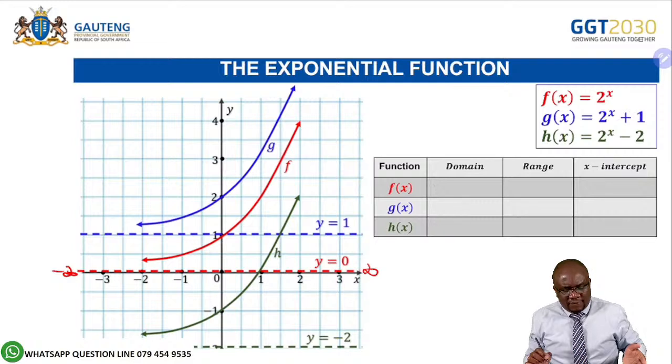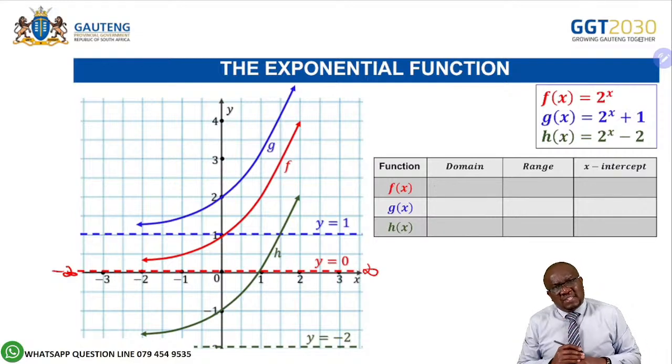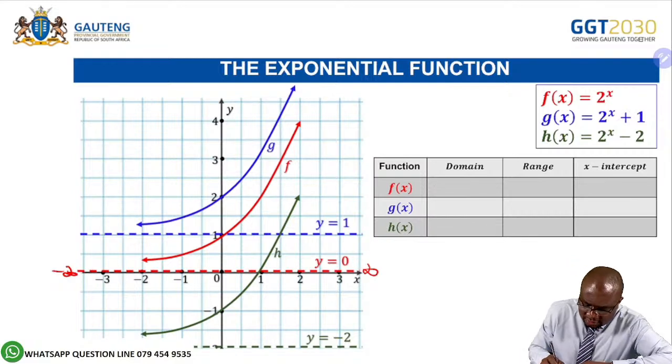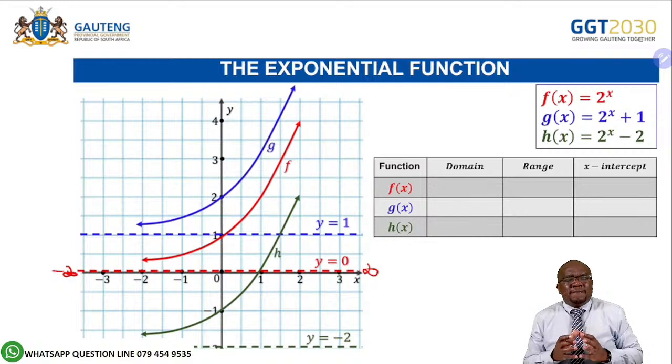But is the range going to be the same here? The blue graph went up from red to blue, shifted upwards, and from red to green, it shifted downwards. So the ranges are no longer the same, but the domain is still the same. The q value does not affect the domain.